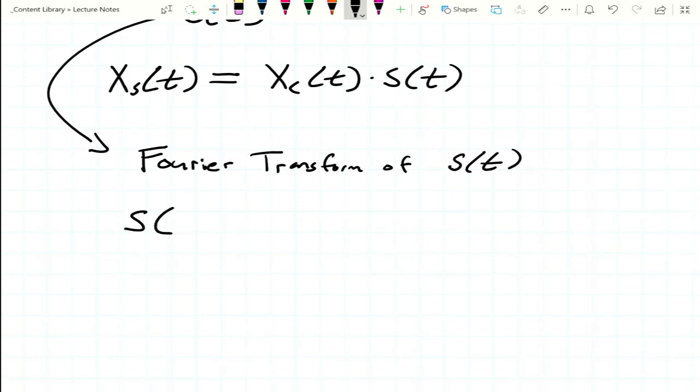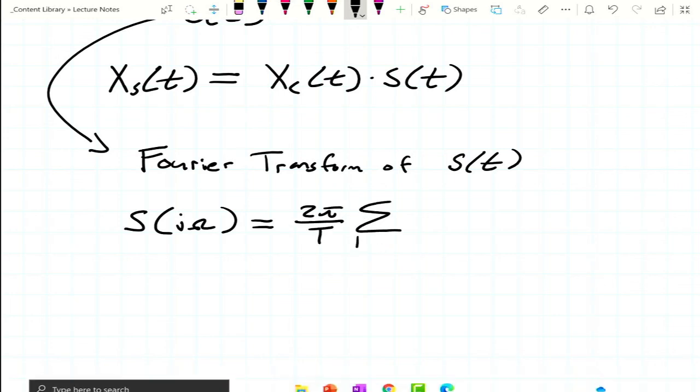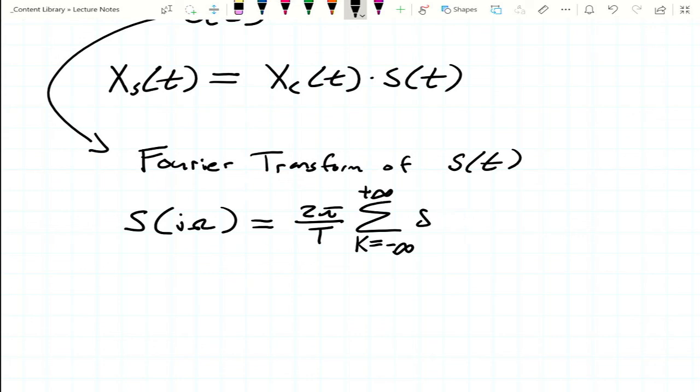So we'll say that the Fourier transform of our sampling function, S of j omega, is equal to 2 pi over T times the summation from negative infinity to positive infinity of this train of delta functions, delta of omega minus k times omega s, where, importantly, omega sub s is the sampling frequency.